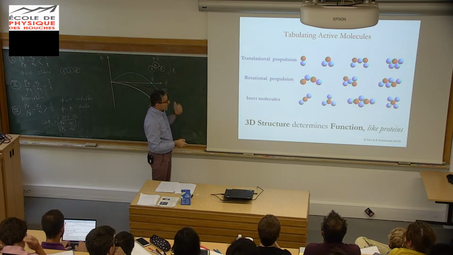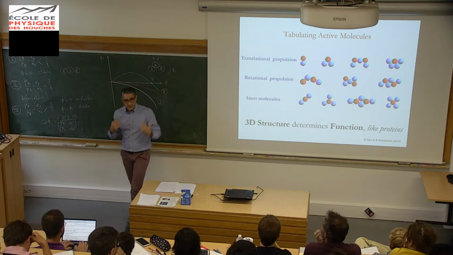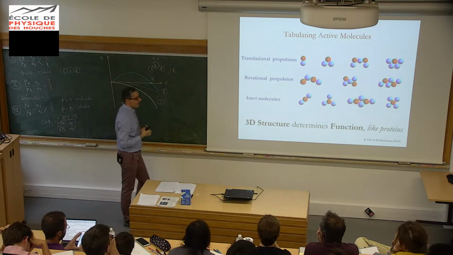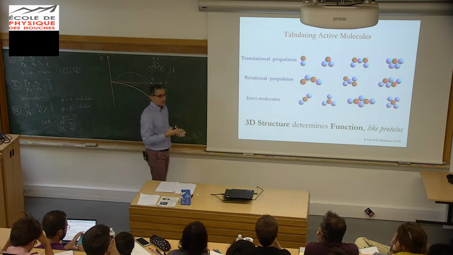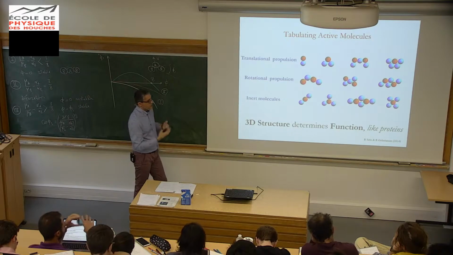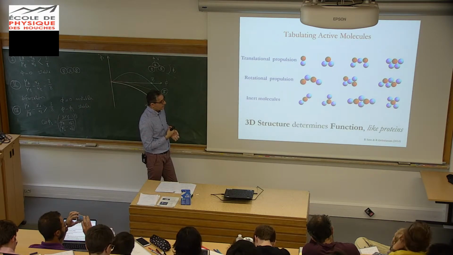Then you can also have, like we saw in the case of AB2, these inert molecules. They have the catalytic activity, they have the non-equilibrium activity, but only in the form of generating chemical fluxes, but not mechanical fluxes in the form of velocities or angular velocities and so on.